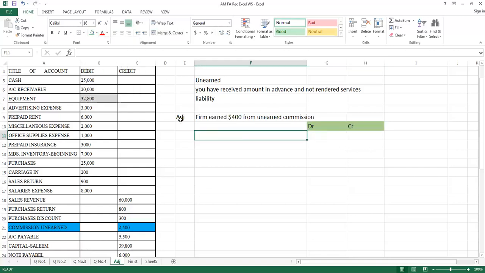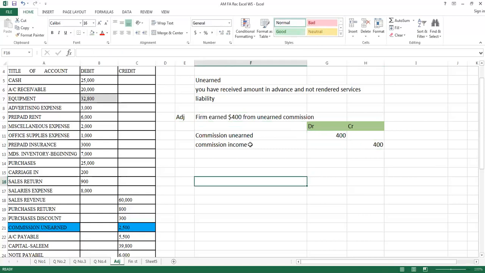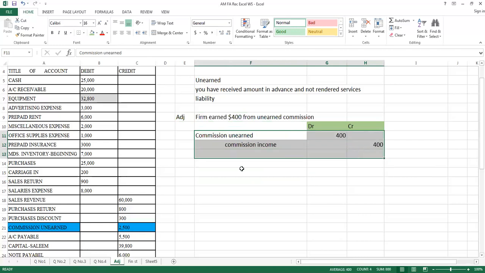So student, in this situation, when your question is giving you information like this, that this amount is earned by the firm from the unearned commission, what you will do is debit commission unearned, reducing it, and you will credit commission income, or you can call it commission revenue, it doesn't make any difference. This is the entry that you will prepare at the time of adjustment.